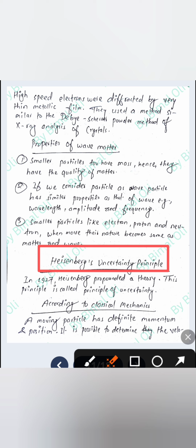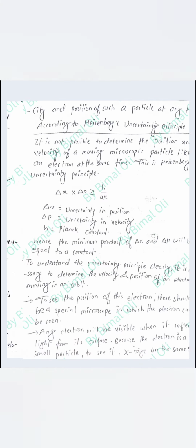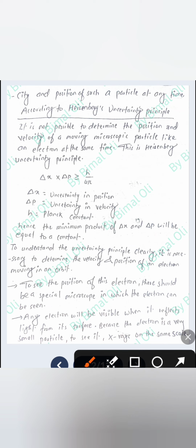Now, according to classical mechanics, a moving particle has a definite momentum and position. It is possible to determine the velocity and position of a particle at any time.